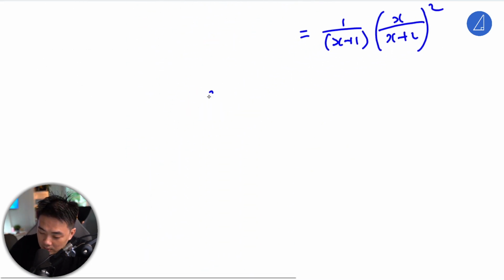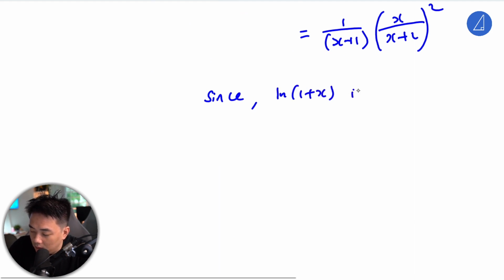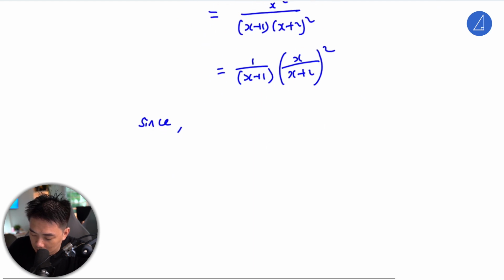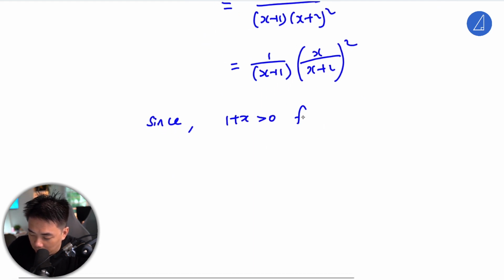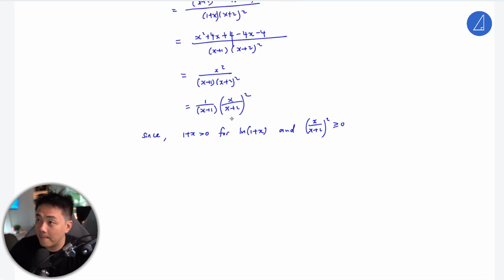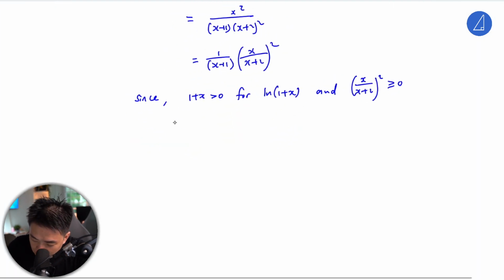Since ln(1 + x) is defined, we imply that 1 + x is bigger than 0. And x squared over (x + 2) squared is at least 0, because it could be 0, right? Thus these both combined together will be at least 0.